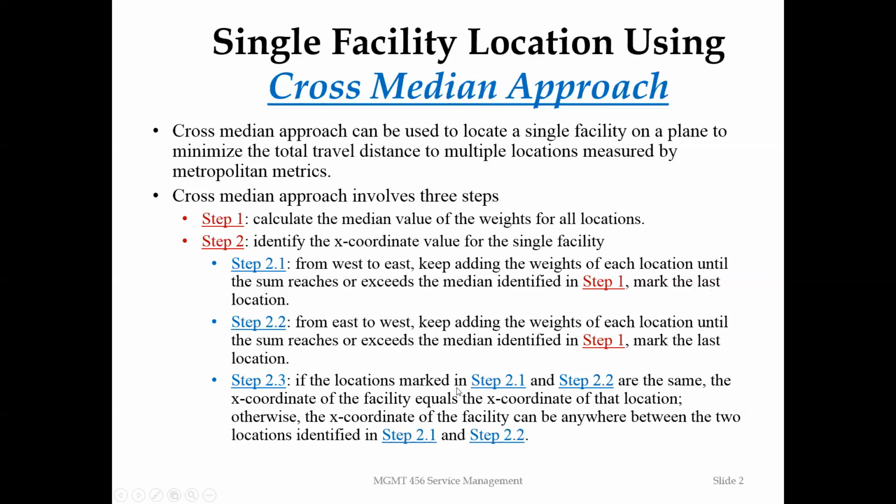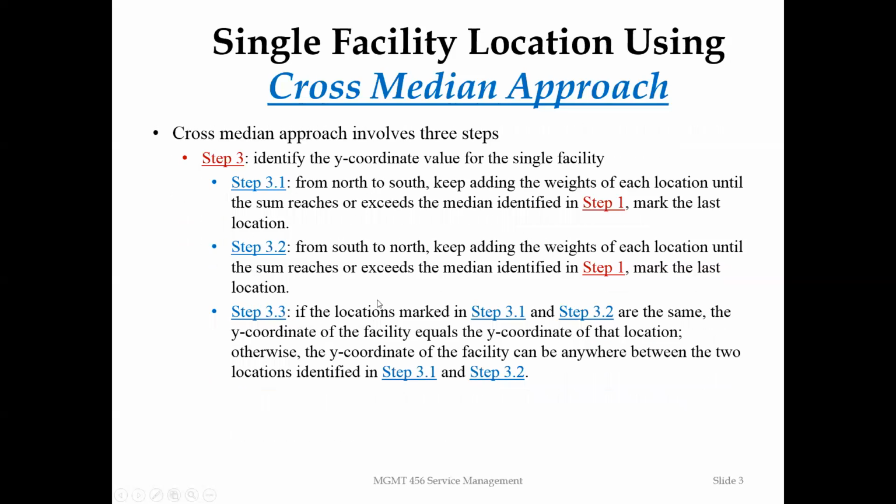If the locations marked in 2.1 and 2.2 are the same, then the x-coordinate of the facility equals the x-coordinate of this location. On the other hand, if the 2 locations identified in steps 2.1 and 2.2 are not the same, then the x-coordinate of the facility can be anywhere between the 2 locations identified in steps 2.1 and 2.2.